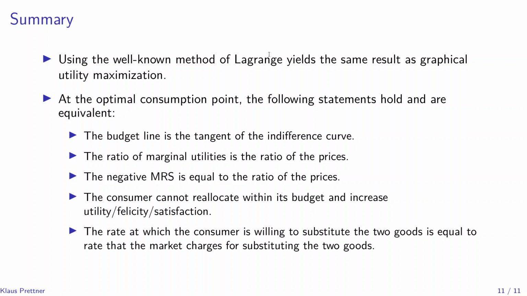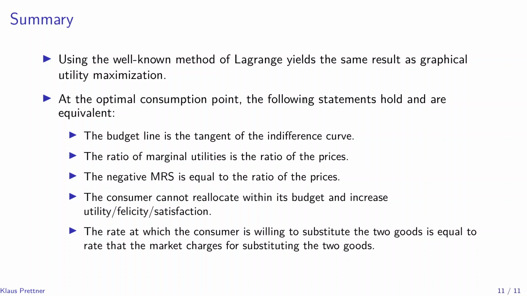So to summarize, using the well-known method of Lagrange in terms of optimization leads us to exactly the same result that we get when we use graphical utility maximization. At the optimal consumption point, the slope of the indifference curve must be equal to the slope of the budget line, or in other words, the marginal rate of substitution must be equal to the negative price ratio of the two goods.